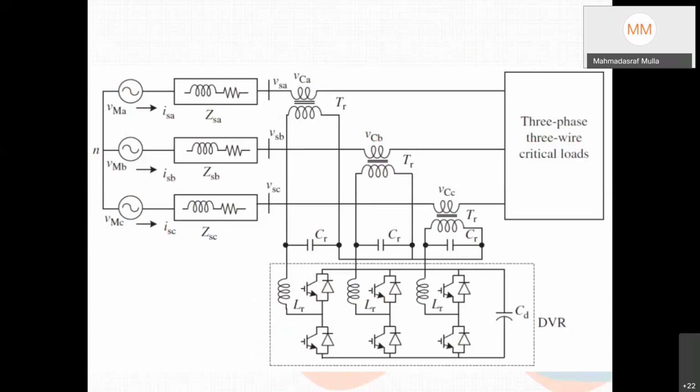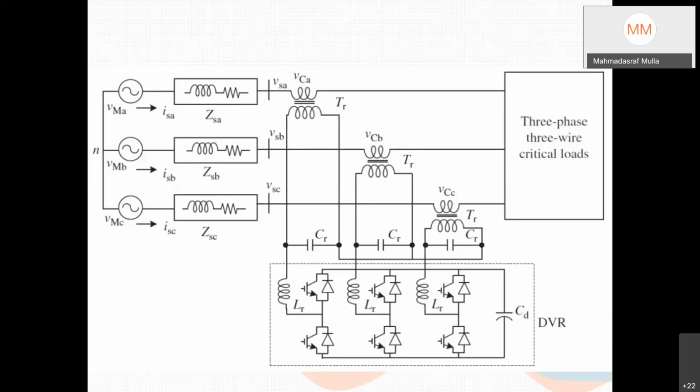If you check the power arrangement, the majority is the same. There is a DC link capacitor, 6 IGBTs, 3 reactors. Here it is the voltage that will be injected in series. So the role of this voltage source converter is to generate some voltage which we inject via this injection transformer.